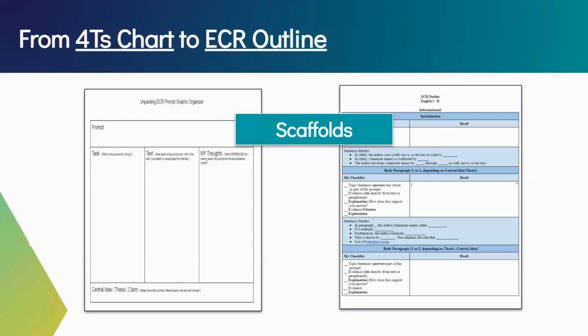And they can transfer a lot of the information that they brainstormed in the 4 T's chart onto the ECR outline. The ECR outline has every part of the essay and sentence stems for the parts of the essay.